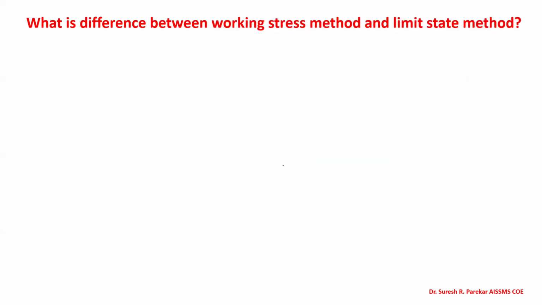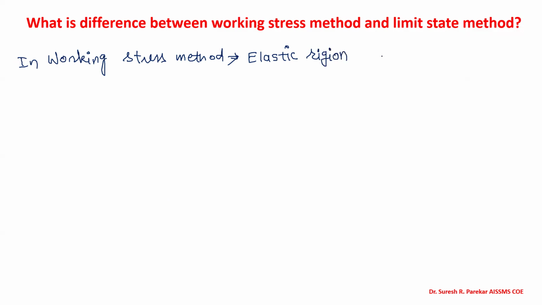What is the difference between working stress method and limit state method? Simple. In working stress method, we are going to use only the elastic region of the strength of materials.